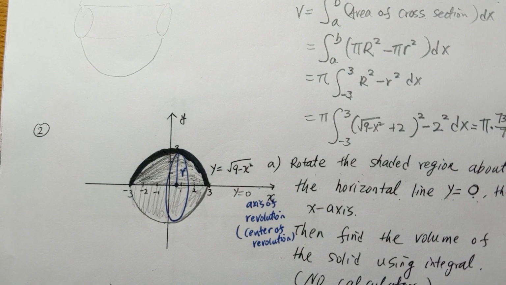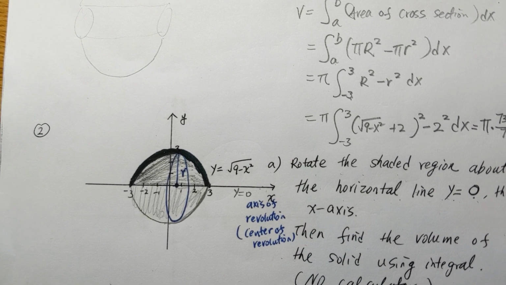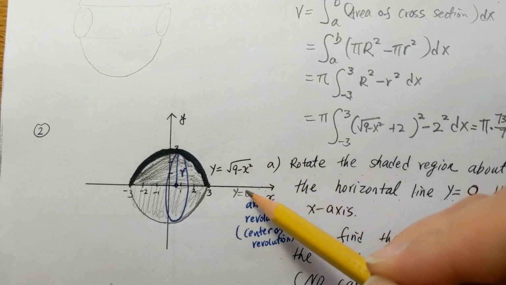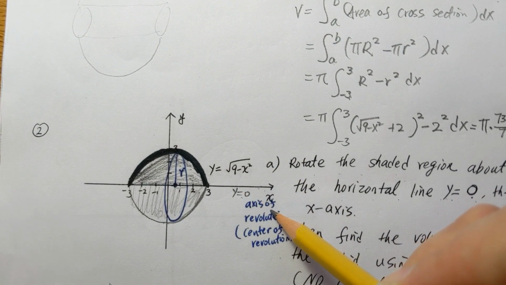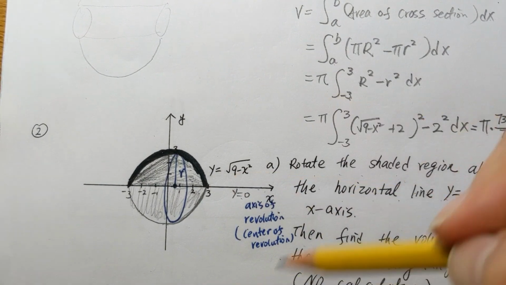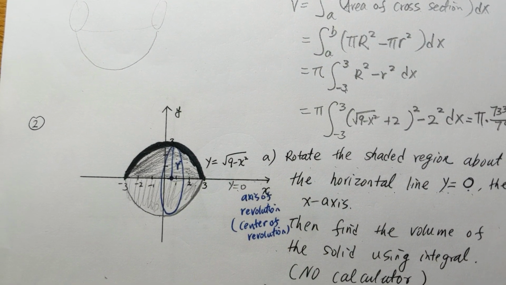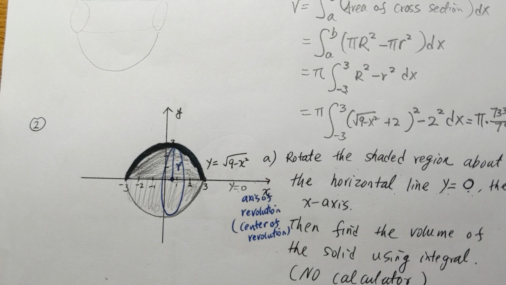There's nothing empty, no hollow part inside, because there's no distance between the y equals 0 and the x-axis, the one that you rotate about. So that's why there's no inner or outer radius.